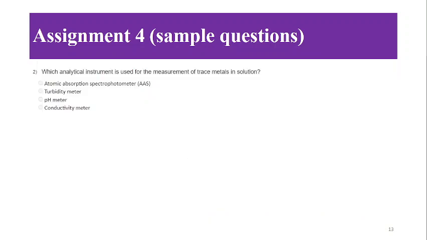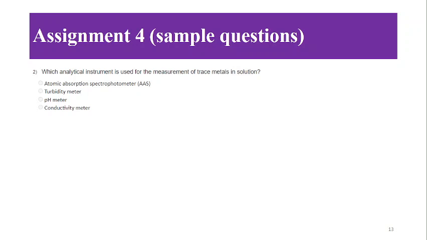Okay, then I'll proceed. The second question is: which analytical instrument is used for the measurement of trace metals in solution? For trace metals, atomic absorption spectrophotometer is used. Turbidity meter, pH meter and conductivity meter are used for different characterization.